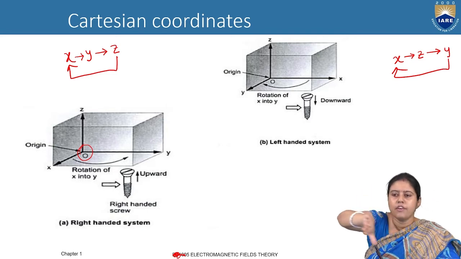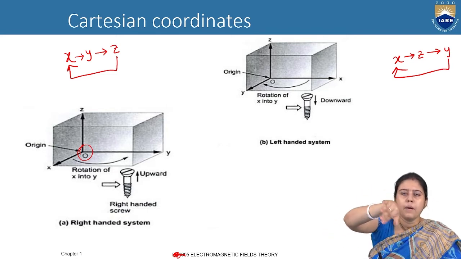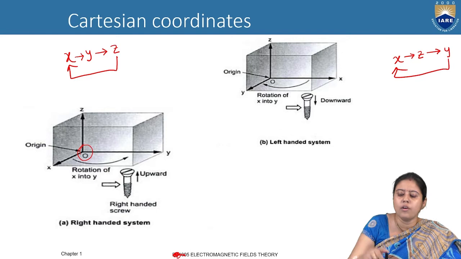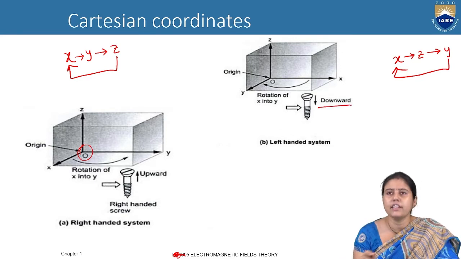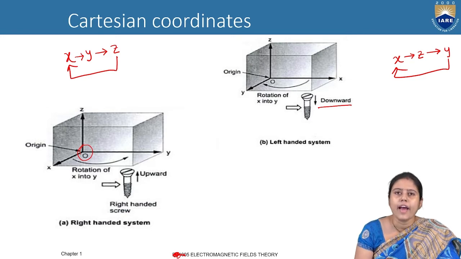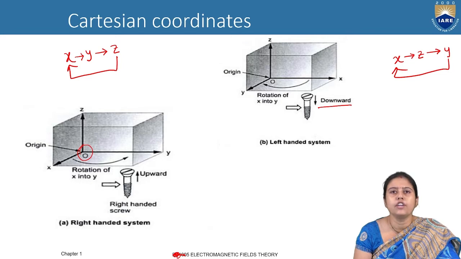If you think about the paper, from the x direction to the y direction, the z direction is always downward. This is called the left-handed screw rule, and it will always go in the minus 90 degree direction, or we can say the clockwise direction.